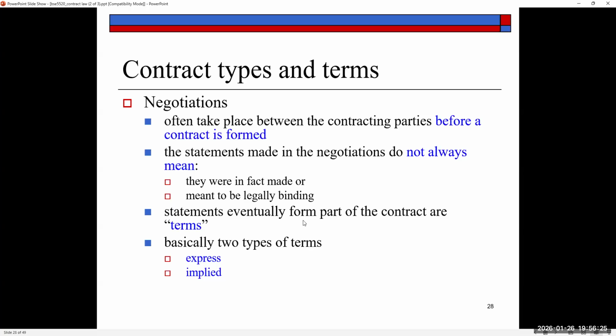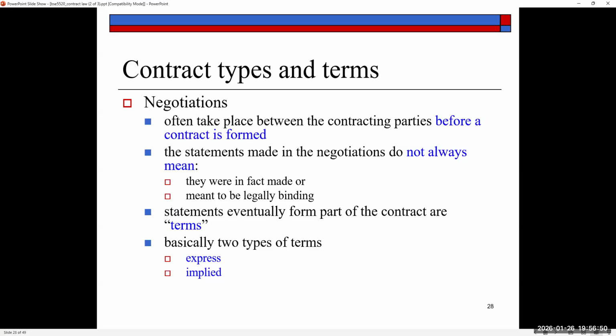Statements eventually forming part of the contract are terms, contract terms. And for these contract terms finally incorporated into the contract, we can further divide them into two types: express terms and implied terms. So we have the express contract terms.